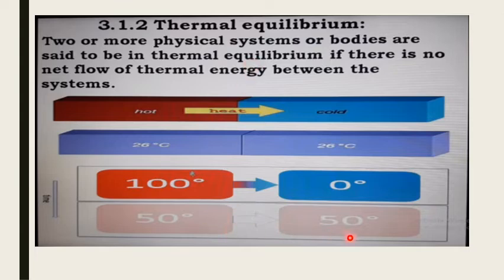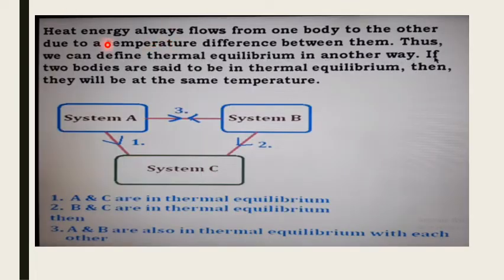So after attaining this equal value, there is no net flow. After that, there is no net flow of thermal energy between the systems. Next, heat energy always flows from one body to another body due to a temperature difference between them.